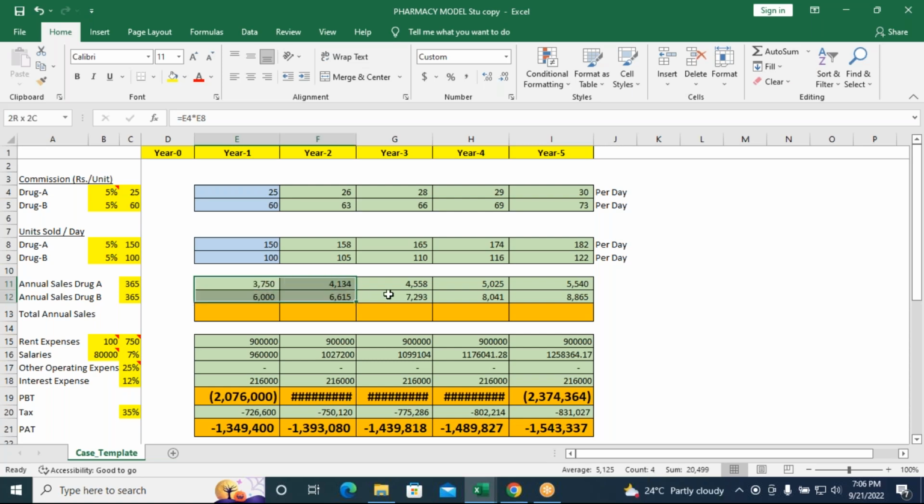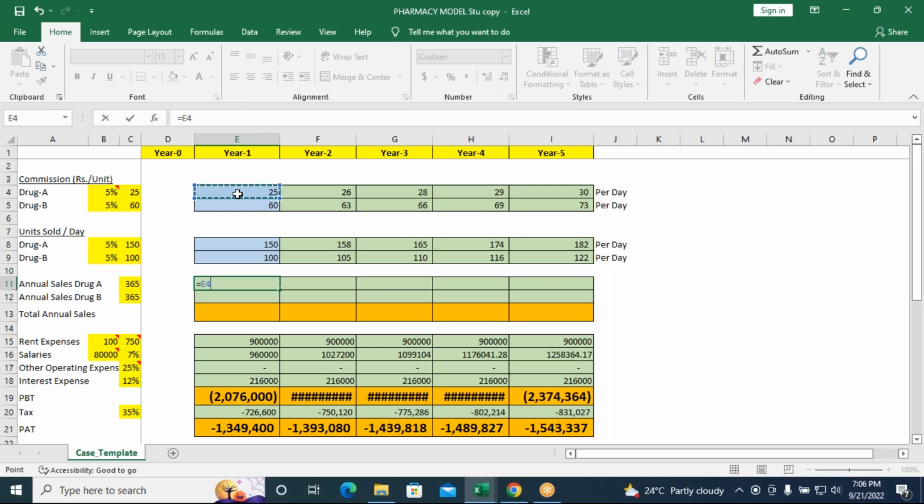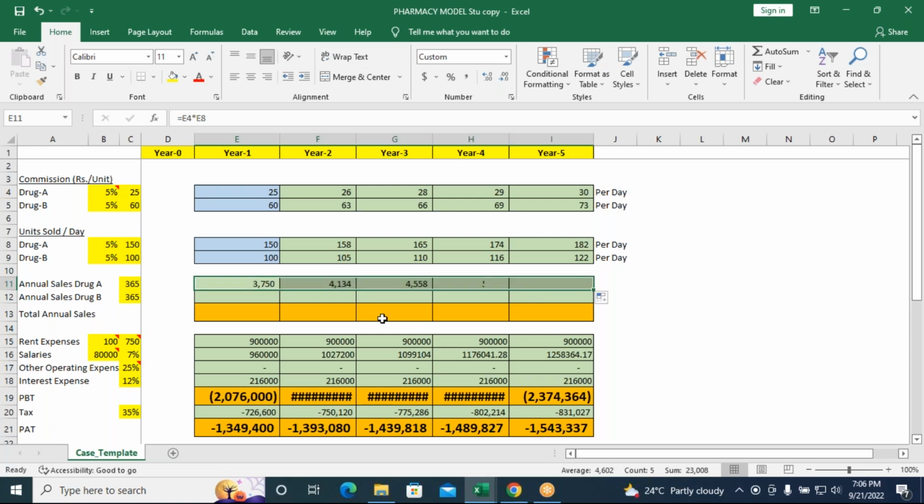Okay. So here, to calculate the annual sale of drug A is equal to 25 into 150. So this is my annual sale per month. I'll just select and drag this.